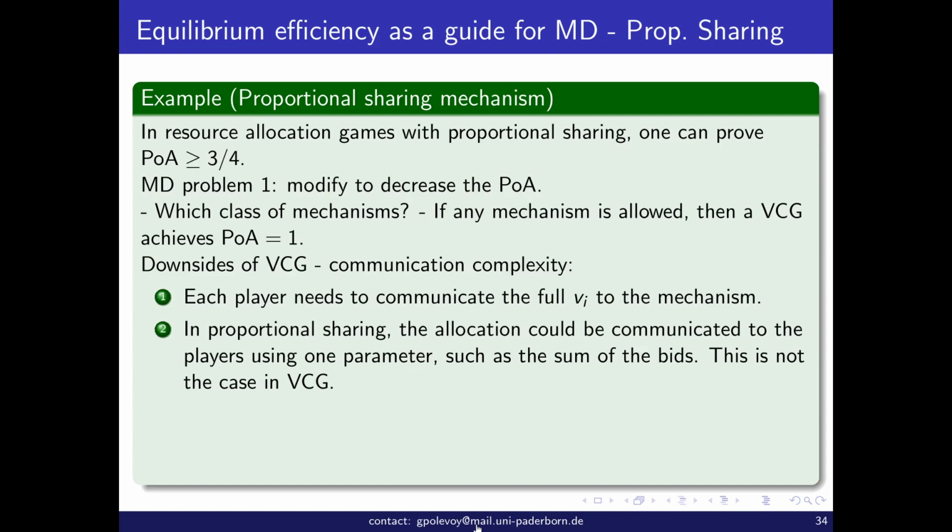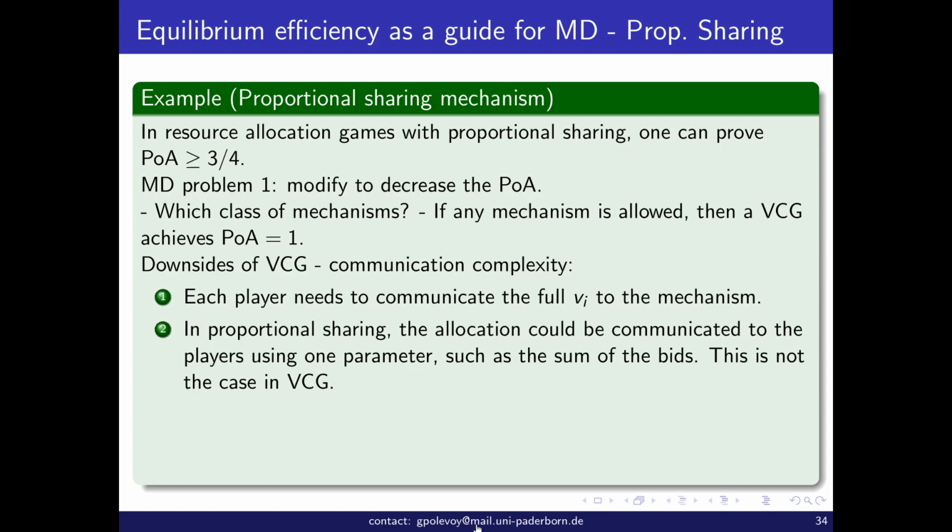Now, however, this VCG, which is a nice solution, has the following downside. Even if we may use this mechanism, it has very high communication complexity, both from the players to the mechanism.